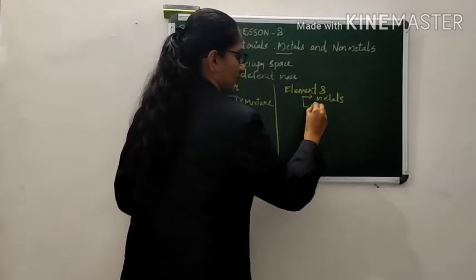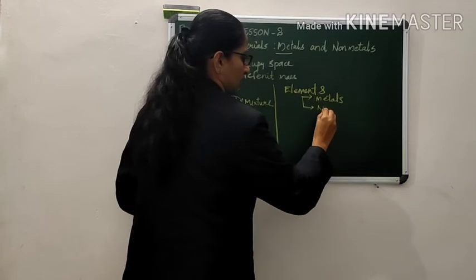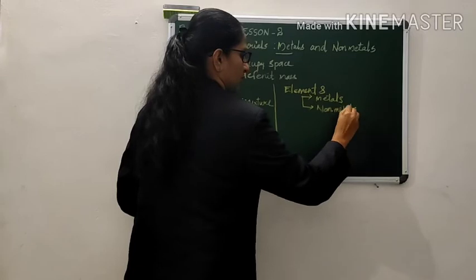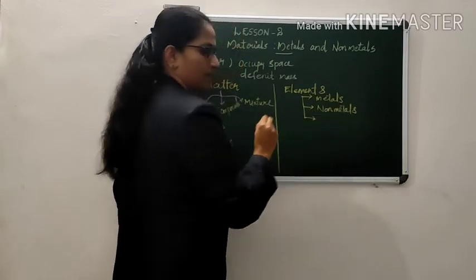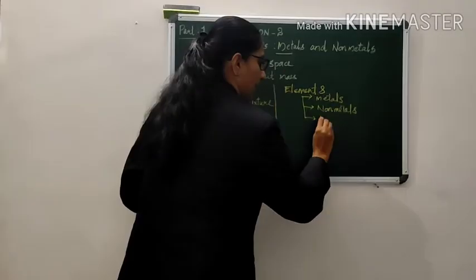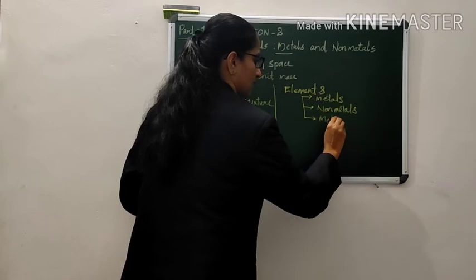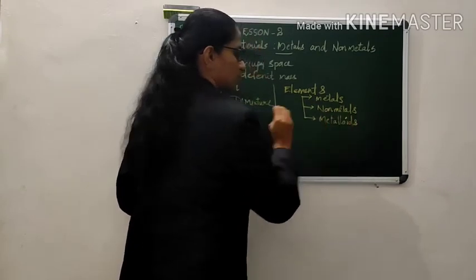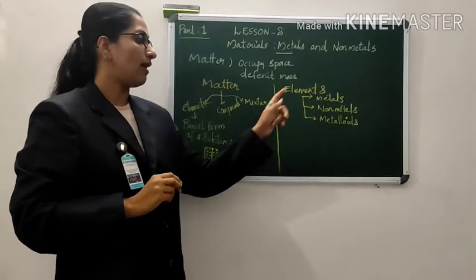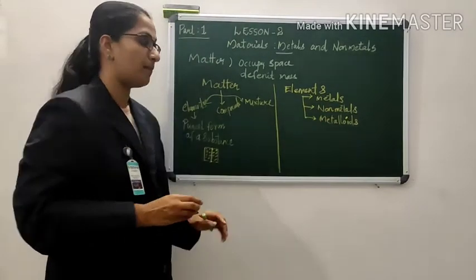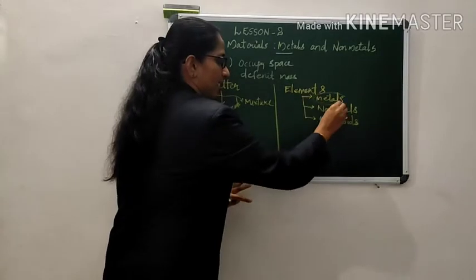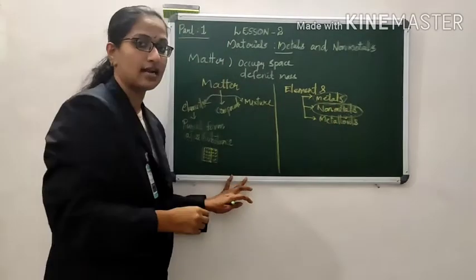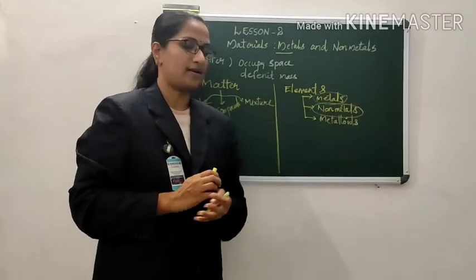The second classification is non-metals. And the third classification is metalloids. Out of this, we are going to learn about metals and non-metals. We are going to have a detailed study of metals and non-metals.